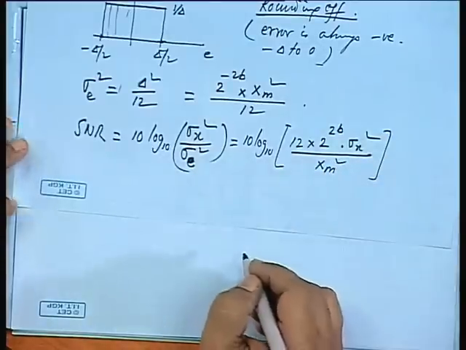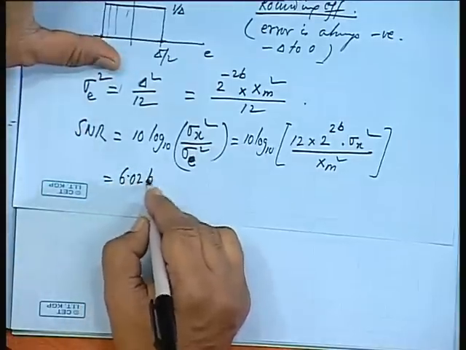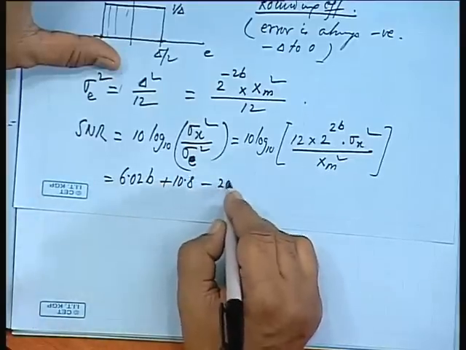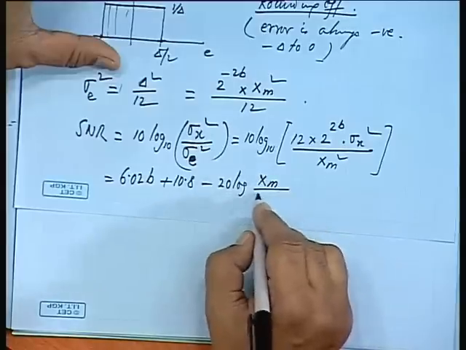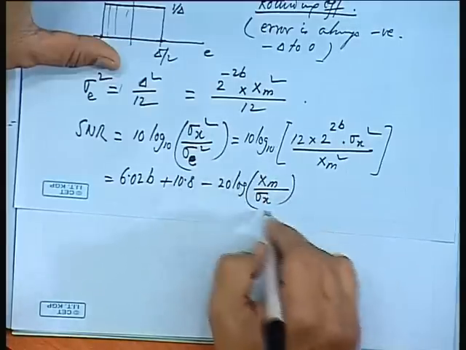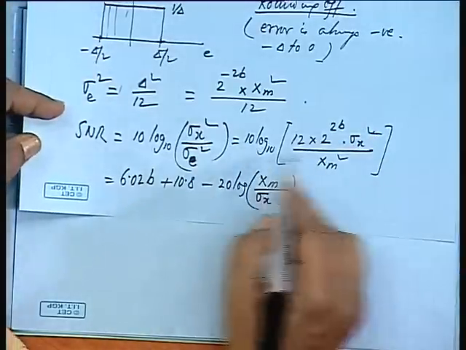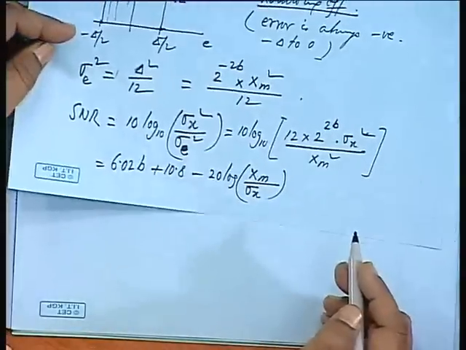So, that gives me 6.02b plus 10.8 minus 20 log of xm by sigma x. I have taken that 2 on this side, so that has become 20, and I have just inverted it, so it has become minus.